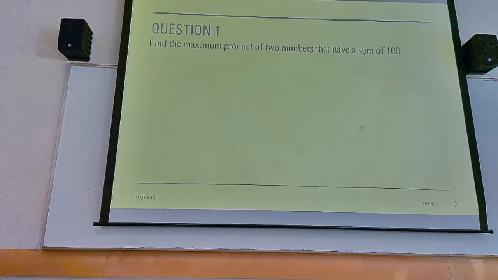To find the maximum product of two numbers having a sum of 100. So represent the two numbers by x and y.